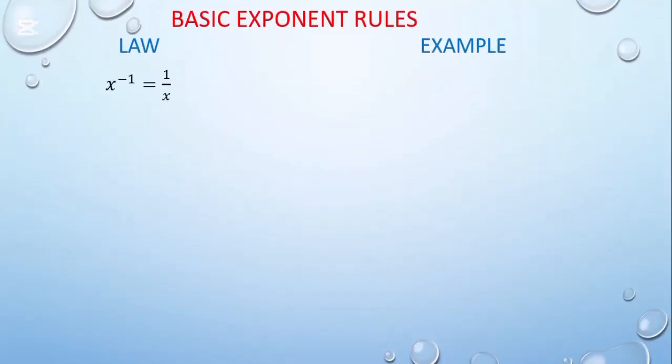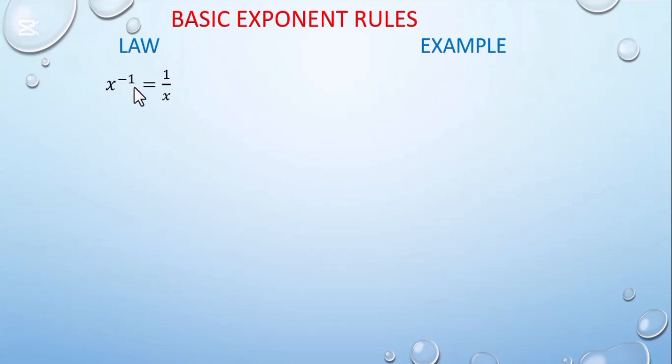The next rule is the inverse law, where we have x to the power of minus 1, which is the same as what? 1 over x. Right now, this negative sign is what is bringing this division. So it means we have 1 over x to the power of what?